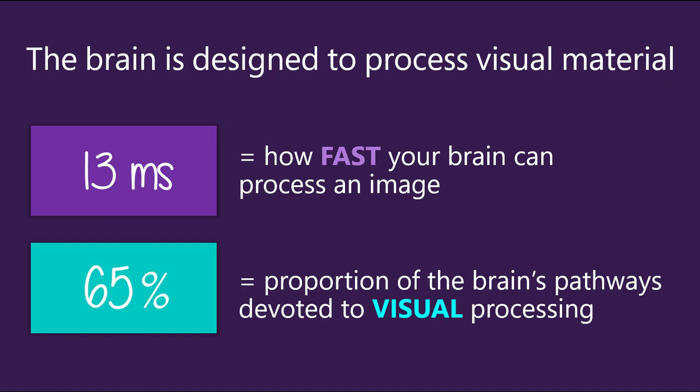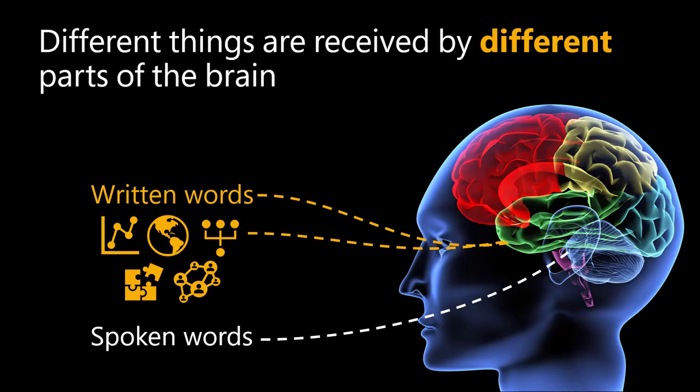We process images so well because 65% of the brain's neural pathways are devoted to processing visual information. Admittedly, that includes words, but different things are received by different parts of the brain. So written words and images are both received through the eye to the visual cortex, and spoken words go through the ear into the language processing parts of the brain.